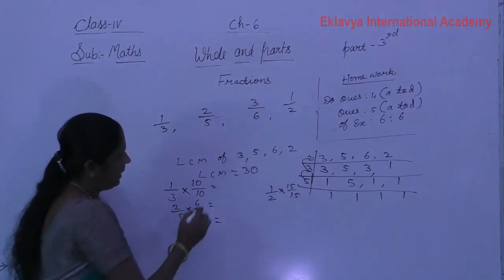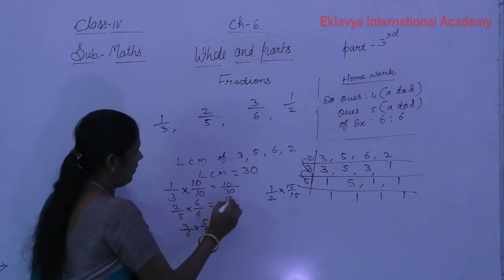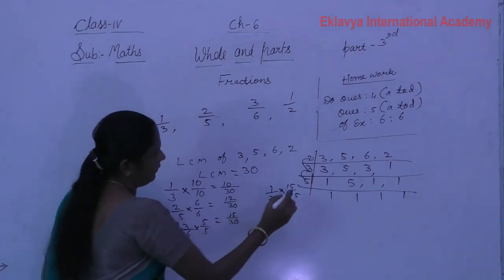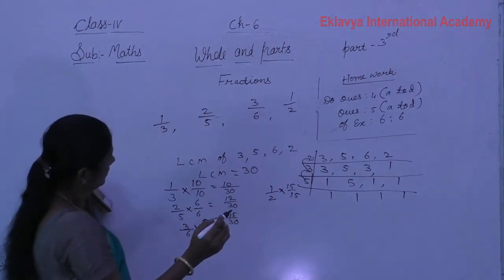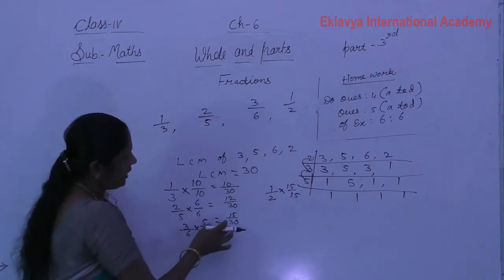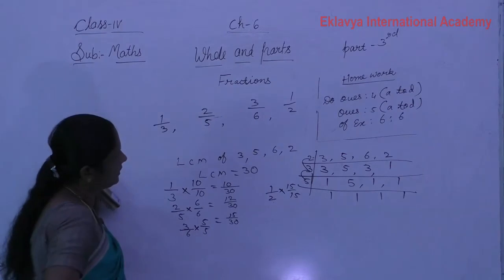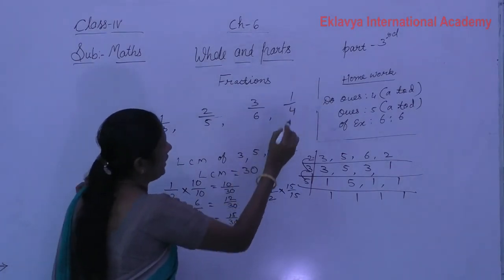Okay, now multiply this. Here 10 upon 30, here 12 upon 30, here 15 upon 30. Here also we change this number, both are in the same question. We write 4 here, okay.